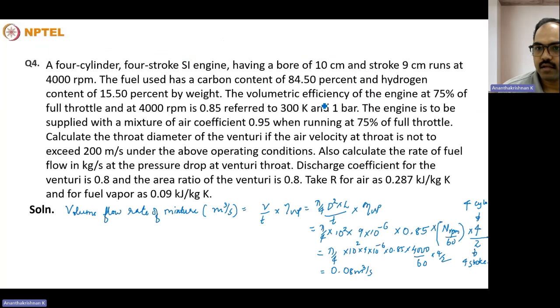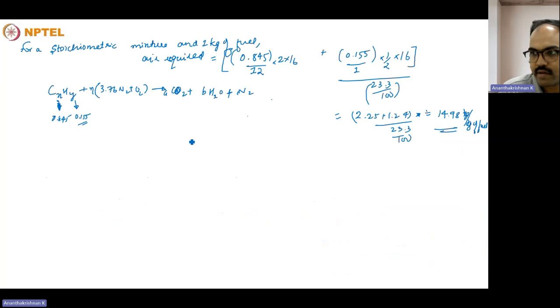But it's mentioned that the engine is to be supplied with a mixture of air coefficient 0.95. So this corresponds to whether it is a lean mixture or a rich mixture. You are actually providing a slightly rich mixture.